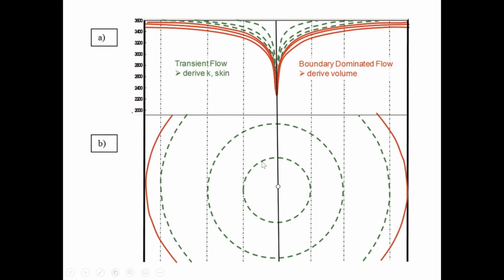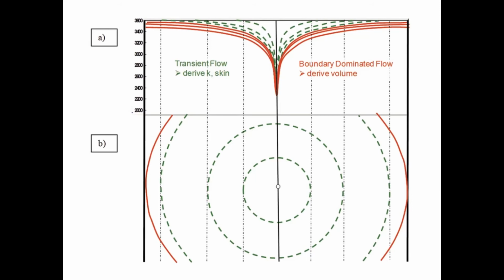Because as we get closer to the wellbore, the area for flow is reduced. You see that? The area for flow here is very big. So for the same flow rate, if the area is big, the velocity is low.